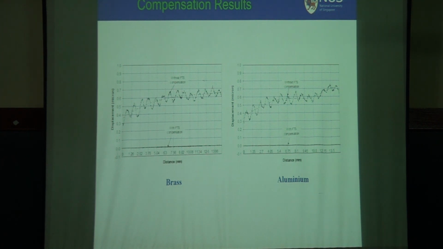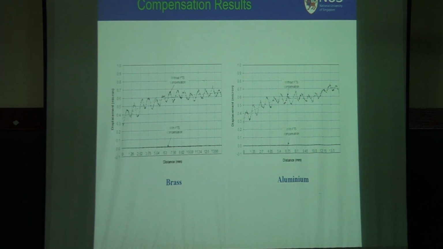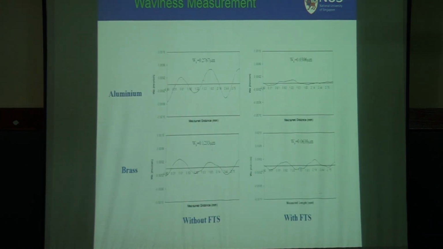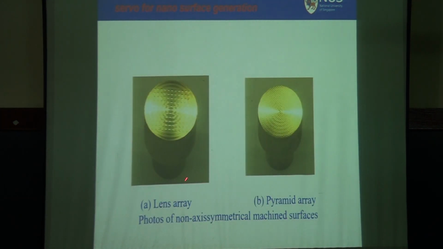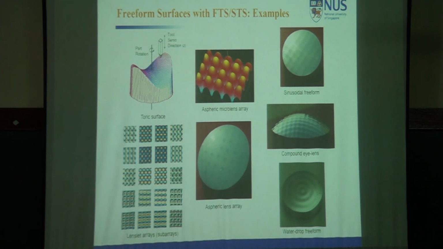So without fast tool servo and with fast tool servo. And you can have all these features, flat surface on flat surface, you can have lens array, pyramid array, whatever you want. These are simple examples. You can have more and more complicated ones. So many complicated things you can have using fast tool servo and slow tool servo.